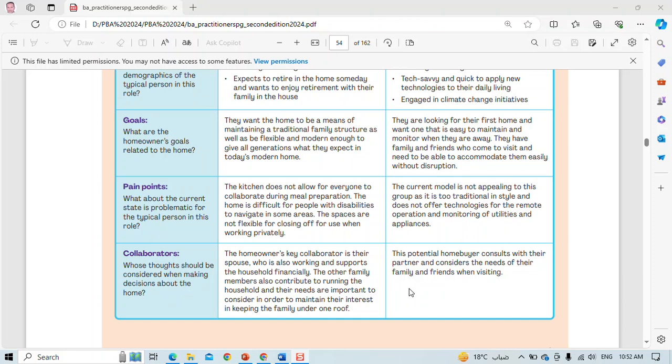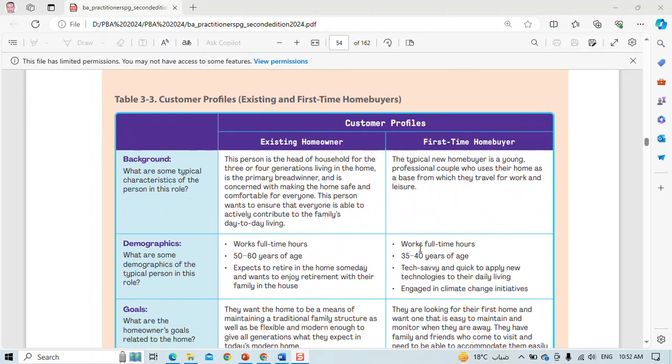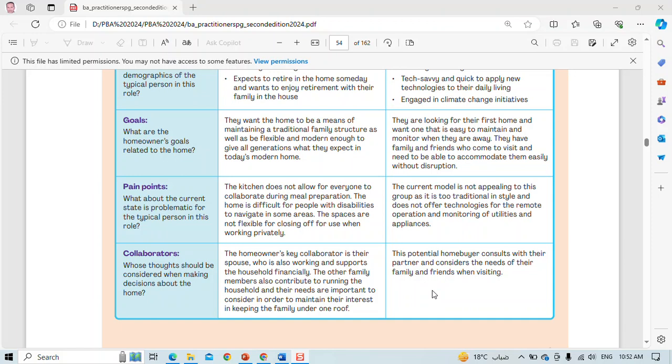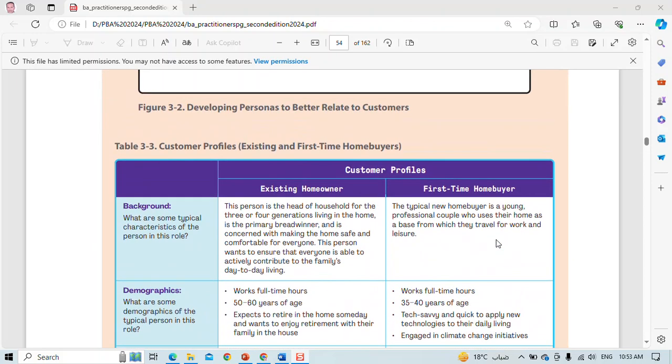Collaborators. The homeowner's key collaborator is their spouse. Collaborators for the first-time home buyer: this potential home buyer consults with their partner and considers the needs of their family and friends when visiting. So these are the customer profiles for the two categories.